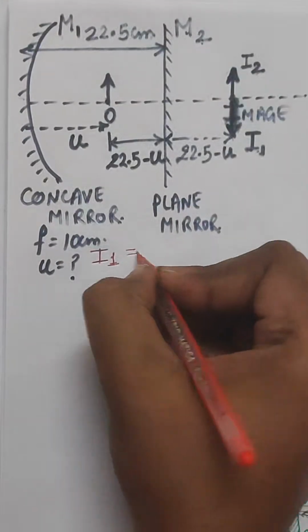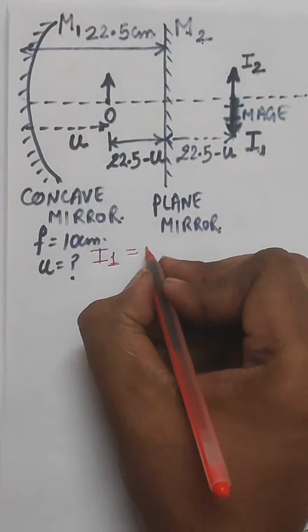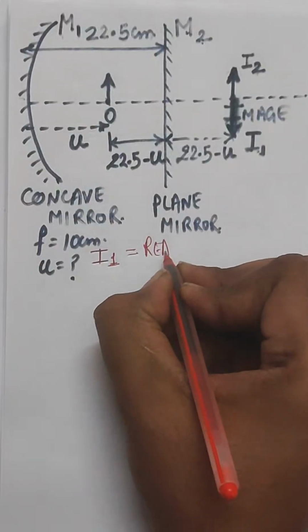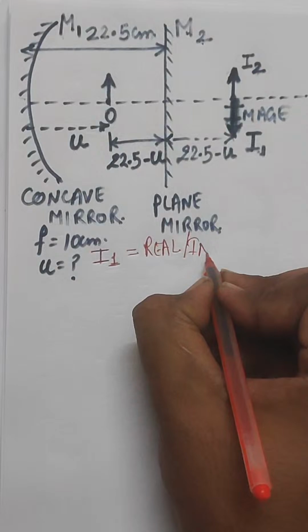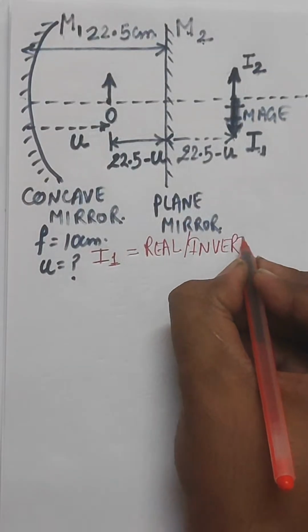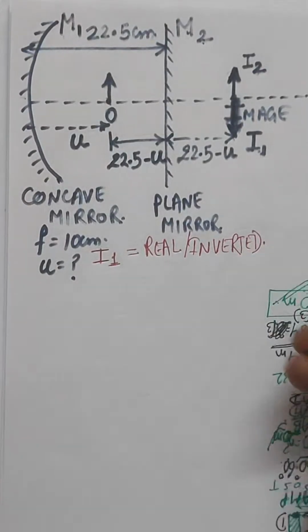I1 is the nature of this image is real and inverted, isn't it?